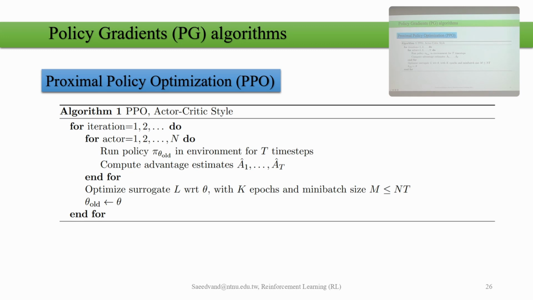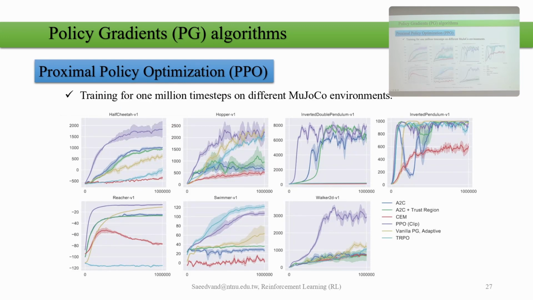I told you we have different kinds of PPOs that try to improve it and change some equations and flows. Here, let's have a look at the comparison of PPO with other algorithms. Here, A2C is a version of the Actor-Critic. We have A2C with trust region. Trust region also tries to limit the update like PPO, but it's based on a trust region.